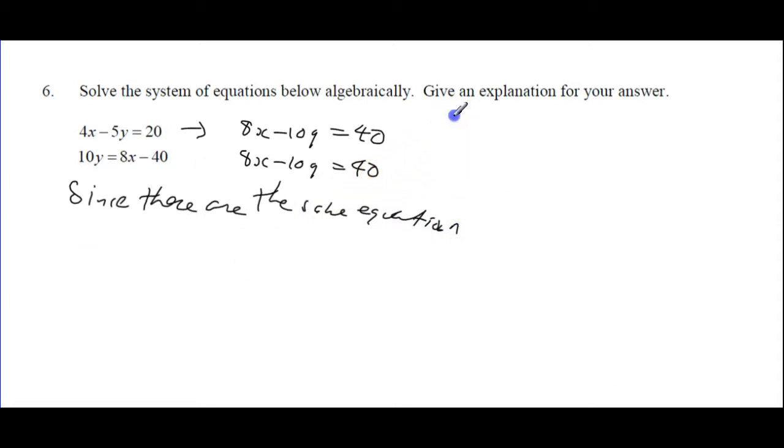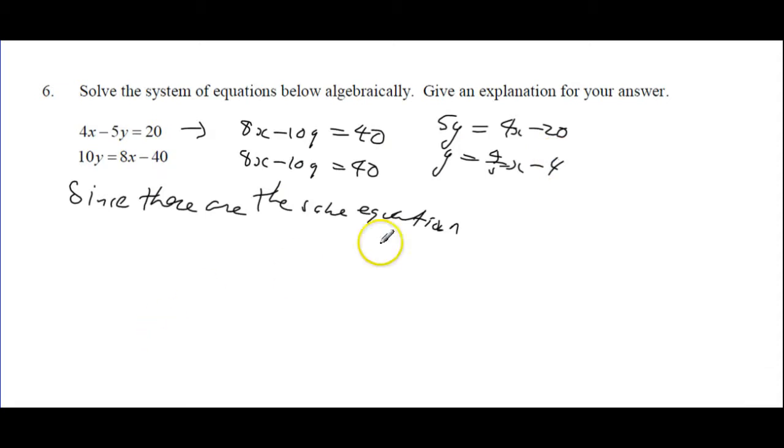Alternatively, we could have gone 5y is equal to 4x minus 20 and got y is 4/5 x minus 4, and we would have got the same thing if we had gone through and divided by 10. We would have got 8/10, which is 4/5, and minus 40 over 10, which is 4.